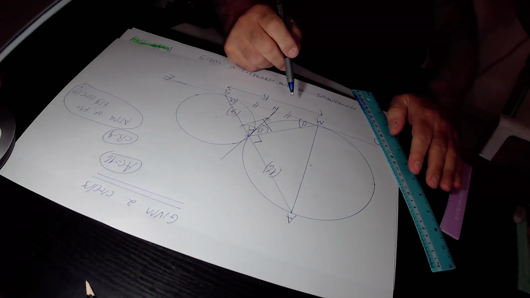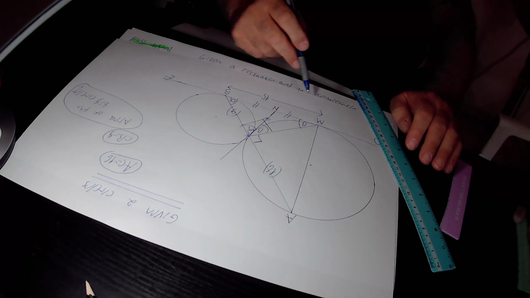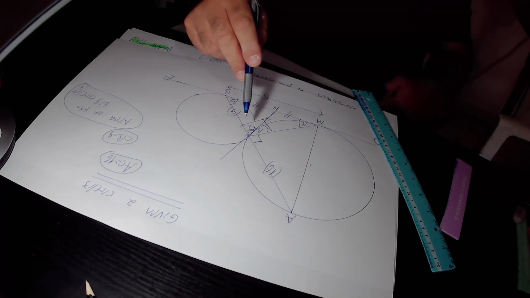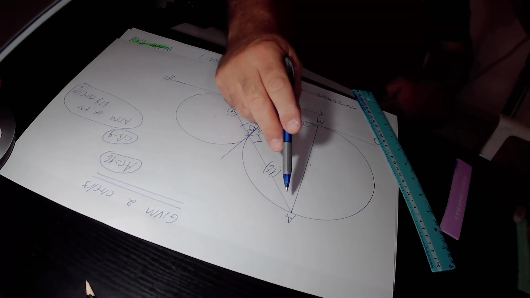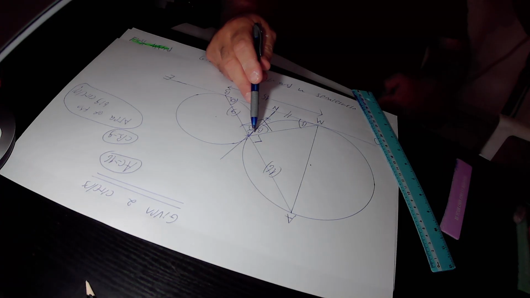And we focus on the big circle. Inside this big circle, we have peripheral angle ACM, and the size of this peripheral angle ACM is equal to 90 degrees. Why? Because angle ACM equals 90 degrees.